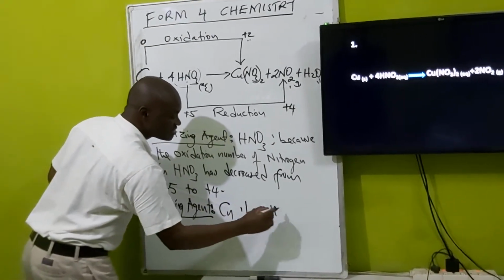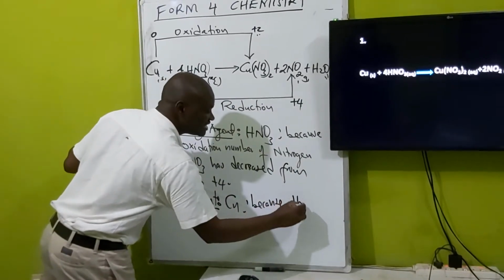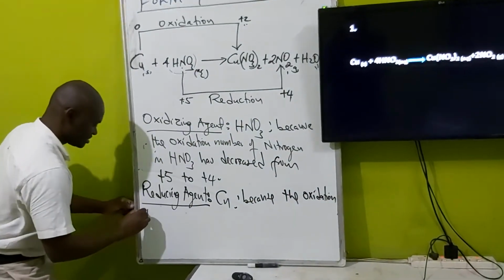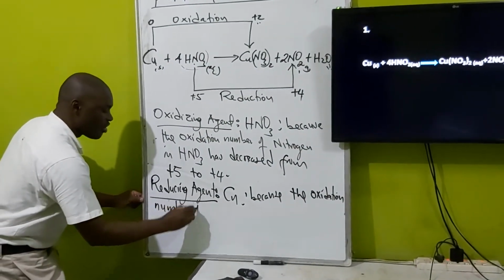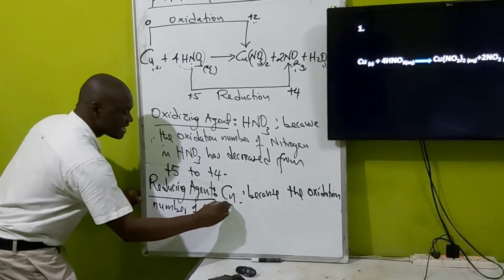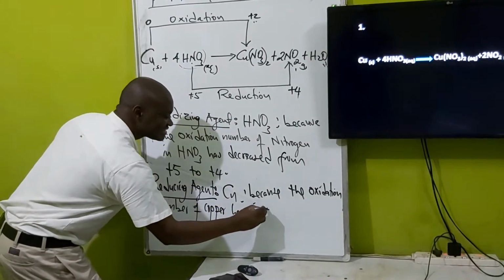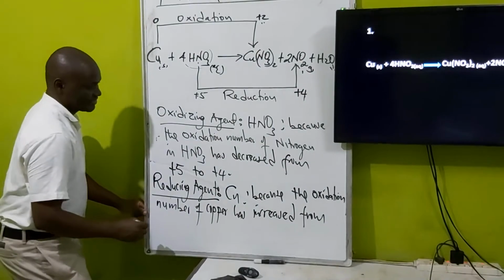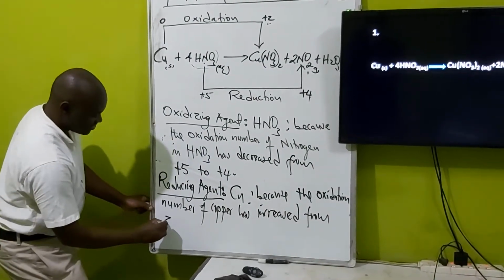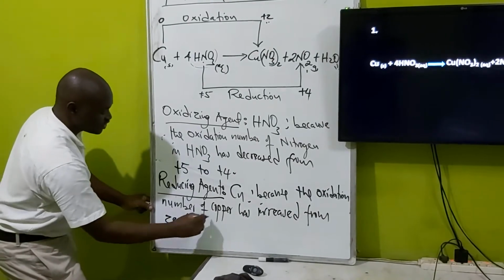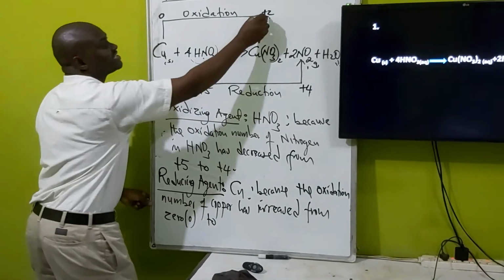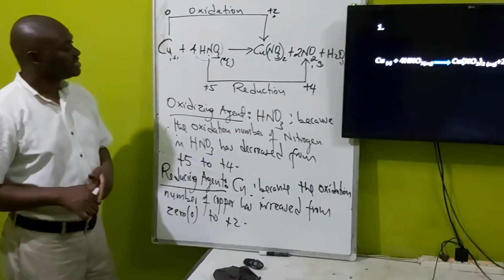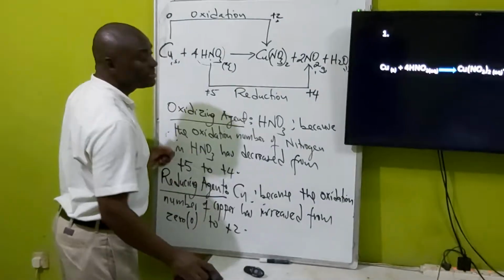Because the oxidation number of copper has increased from 0 to positive 2. So that is our first example.